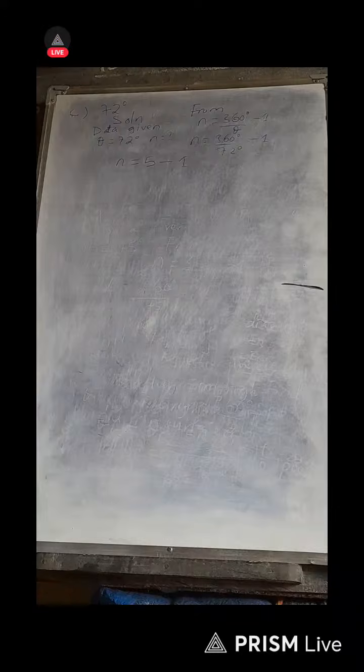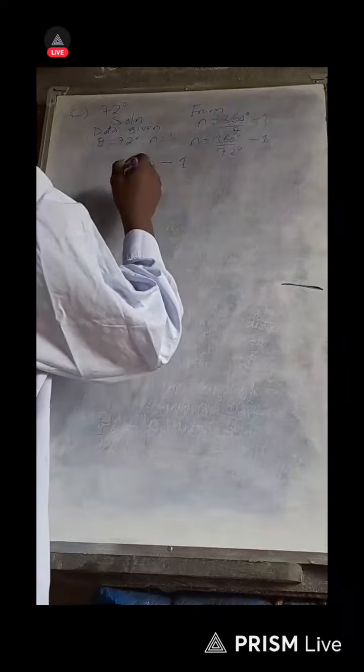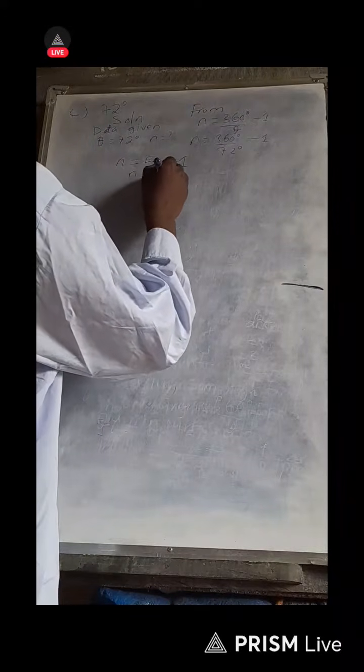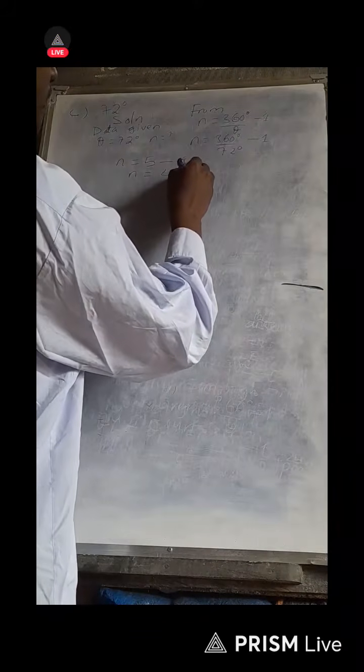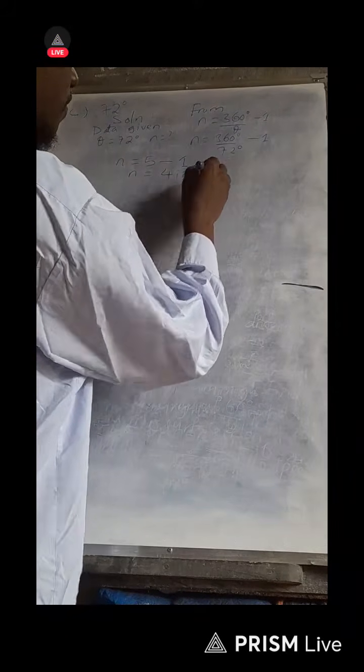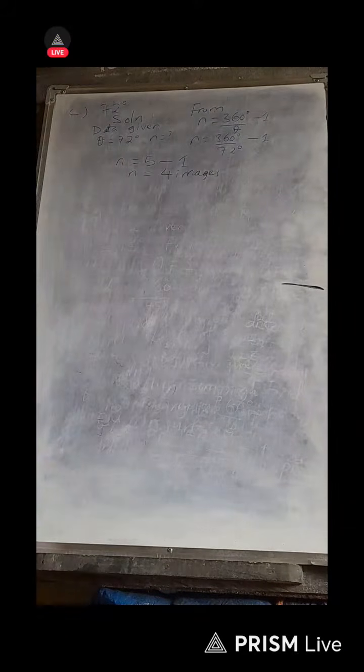If you get 5 minus 1, the number of images you find is 4 images. So thanks to those trying to come out with the correct answer. The number of images is 4. It's 4 images.